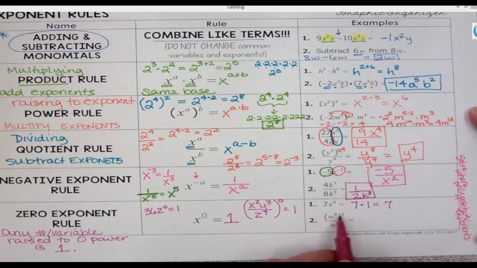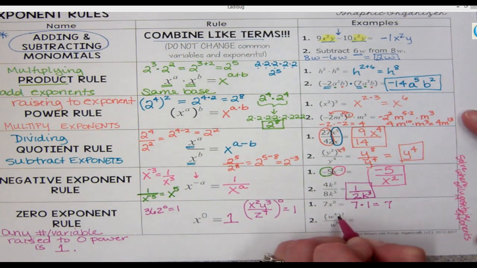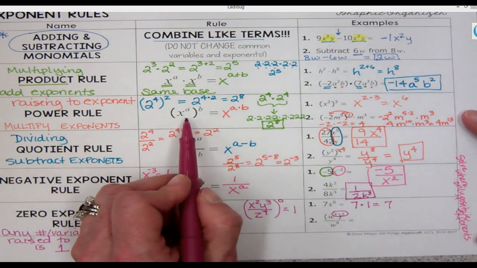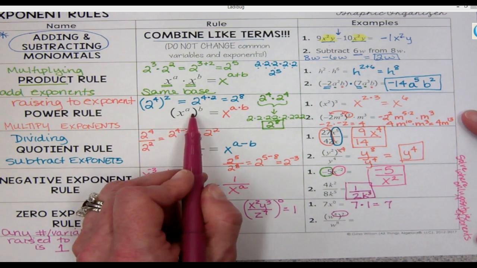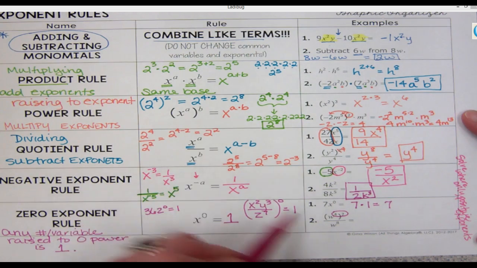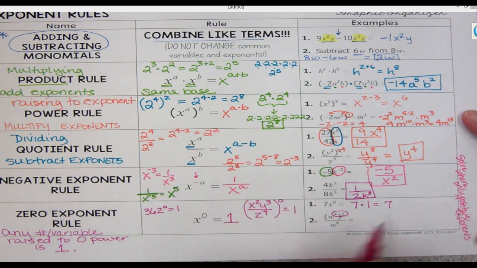Now we've got this power rule, w to the 4th raised to the 2nd power. So we are going to multiply these two based on our power rule right here. X to the a raised to the b power. You multiply them. So this is going to be w to the 8th over w to the 8th.